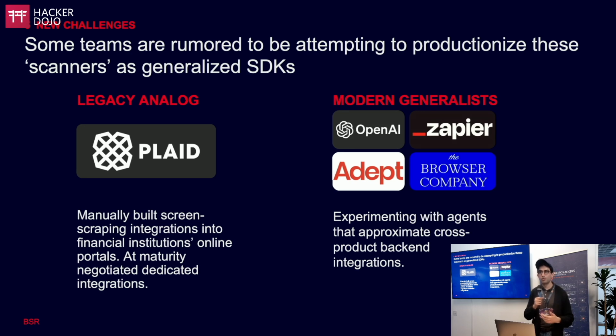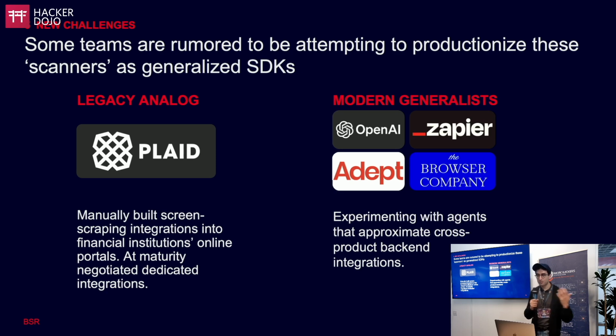Over time, as they became more established, they negotiated direct integrations with these banks. But it gives you a vision of the value of being able to integrate with a product without having to follow a specific schema that they've set out for you in a developer SDK.